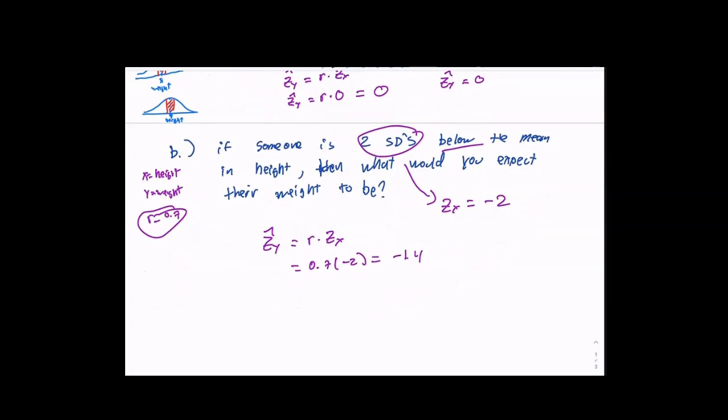So we would expect them to be what? How do I interpret this z-score? I would expect them to be what?